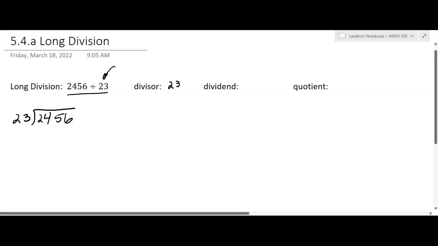So the divisor is 23, what you're dividing by. And the dividend, in this case, is 2,456, what you're dividing into. And then the answer is the quotient, and that's what we're going to find out.